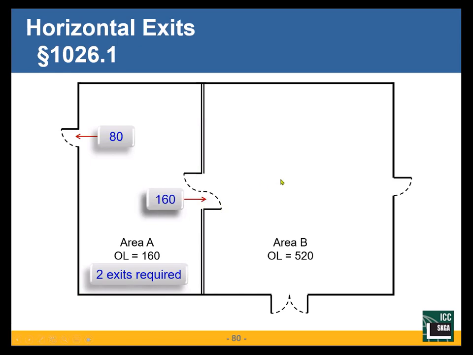So that is 160 occupants. So now I've got 160 occupants. Wait, that was everybody. Yeah, that was everybody. I still have to have a second exit. But for evaluating the horizontal exit, I'm going to assume they all go this way. This one was blocked. They all go this way.